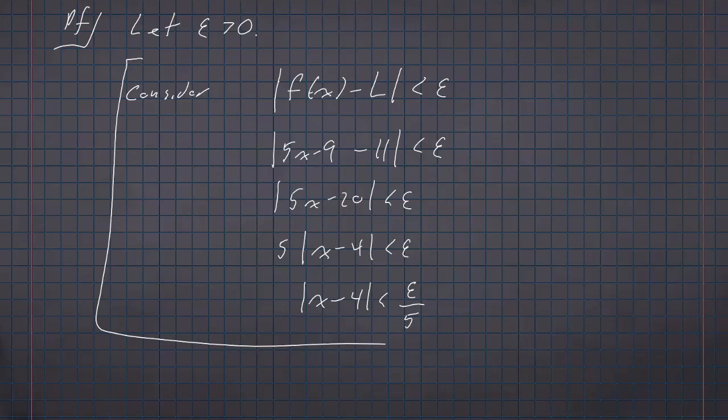After let epsilon be greater than 0, the next thing I would write down is if 0 is less than the absolute value of x minus 4 is less than epsilon over 5.